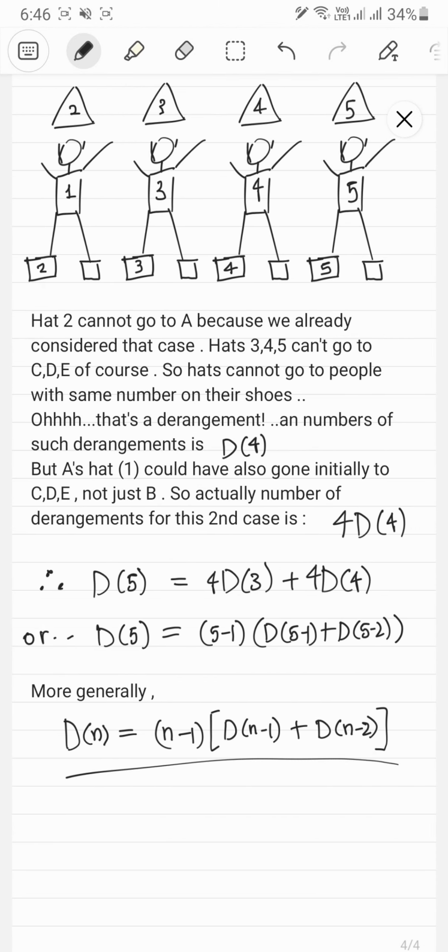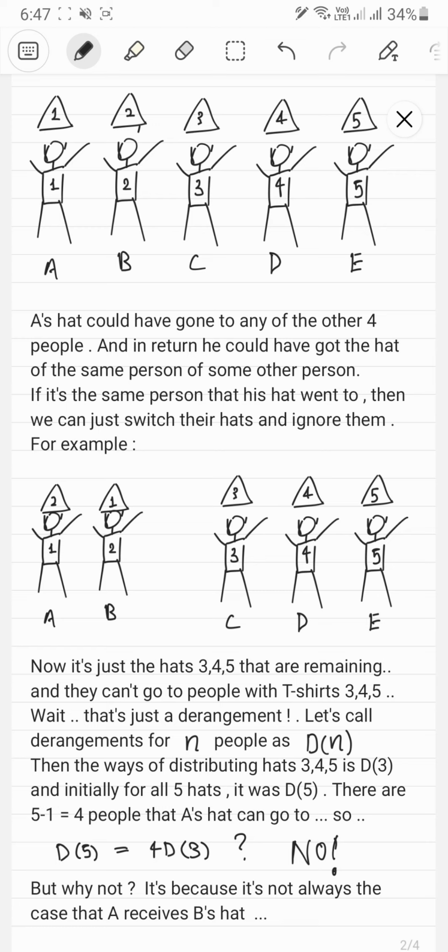Those hats are now not roaming in the air, they are on somebody's head, so you can ignore them. Now the question boils down to the remaining 3 hats: hats 3, 4, 5, which can't go to people with t-shirts 3, 4, 5, because it's a derangement, of course.